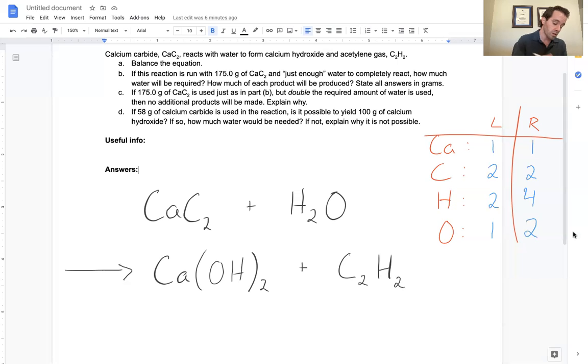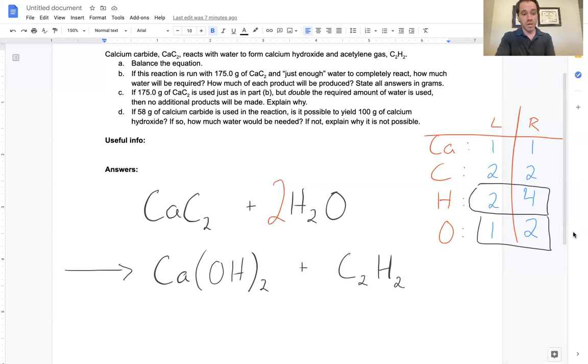We need to fix the imbalance between the hydrogens, and we also need to fix the imbalance between the oxygens. But look at what we can do. There's something where we can fix both problems at the same time by putting a 2 in front of the H2O. That will double the hydrogens to make 4 on the left, which fixes the problem. It will also double the oxygens on the left to make 2, which fixes the problem for the oxygens as well. So with the 2 there, now this is fully balanced.